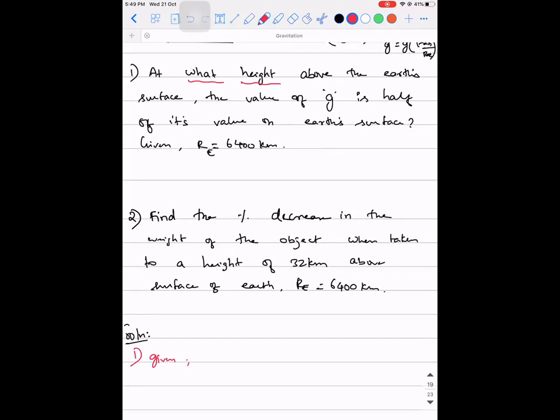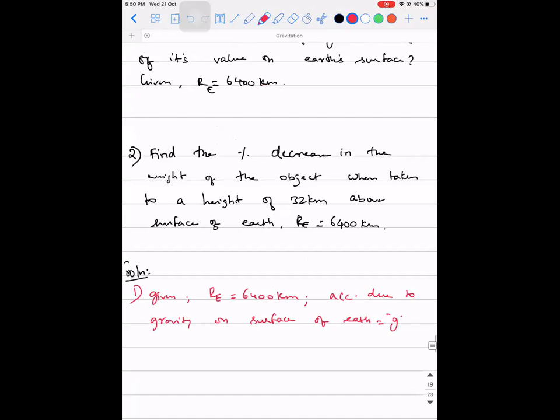Given RE is 6,400 kilometers. Next. Acceleration due to gravity on the surface of Earth is G. At height H it is G by 2.